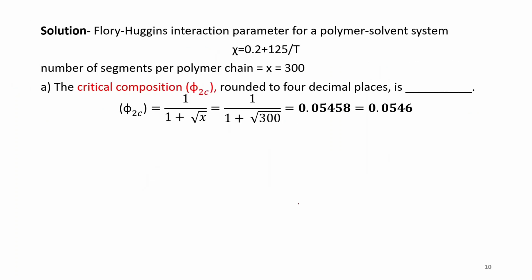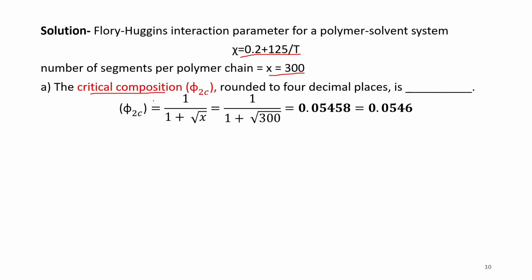So the Flory-Huggins interaction parameter for a polymer solvent system is given as chi equals 0.2 plus 125 by T, and the x value, which is the number of segments per polymeric chain, is given as 300. We need to calculate the critical composition.